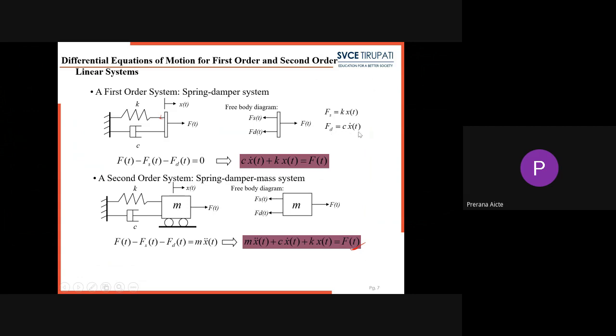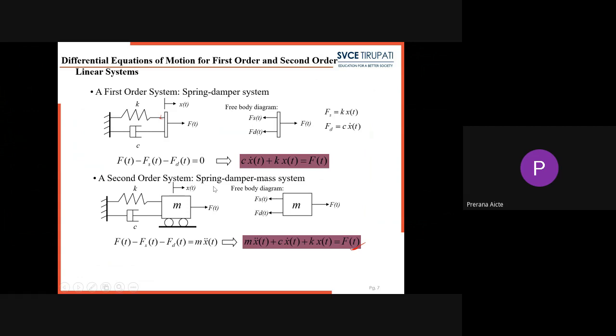And what is the equation we can derive based on the equilibrium condition, saying that all the forces acting on the left hand side is equal to the forces acting on the right hand side. If you apply the equilibrium condition, then you will arrive at this equation.